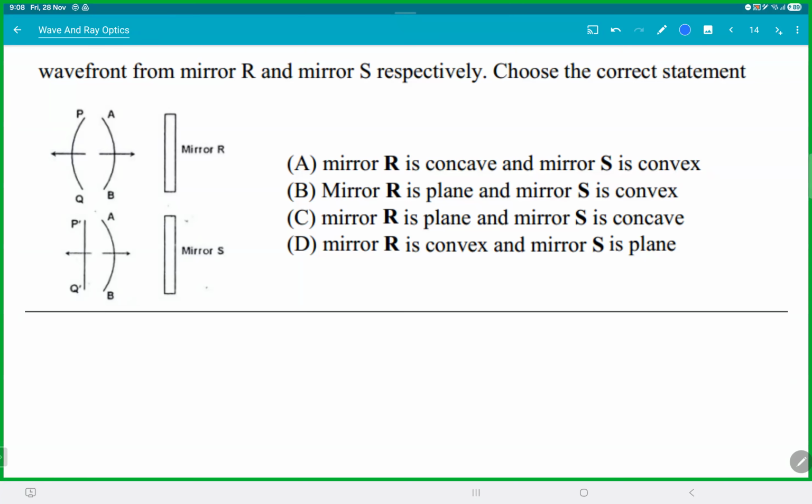So AB is the wave sent and PQ is the wave coming back. So which mirror is concave and which mirror is convex? So here AB is incident. PQ is reflected.